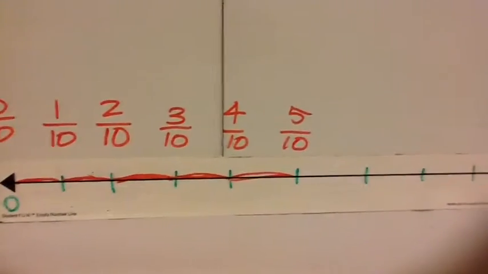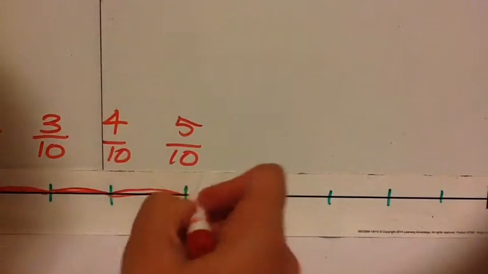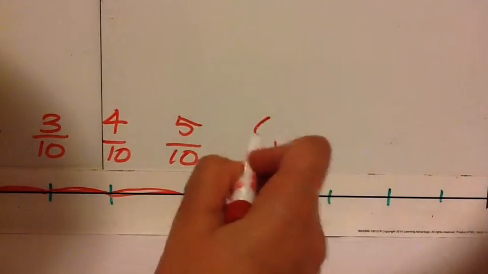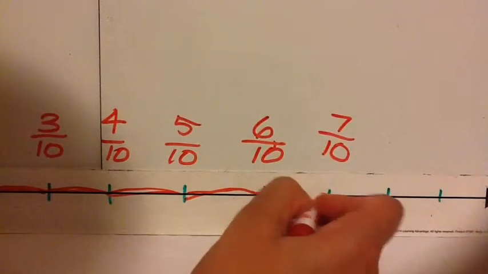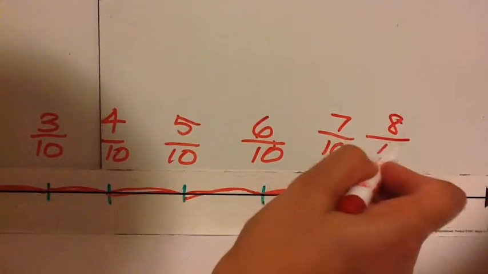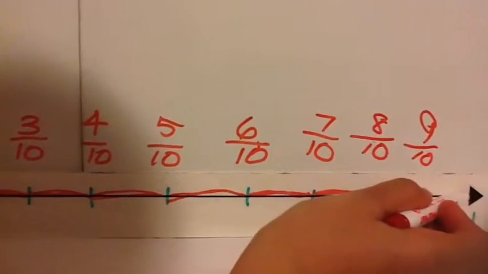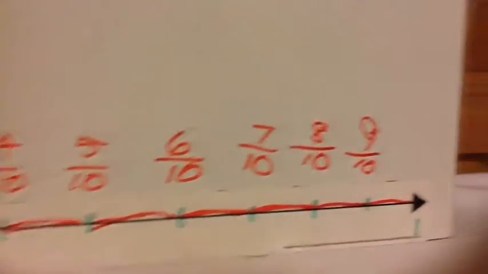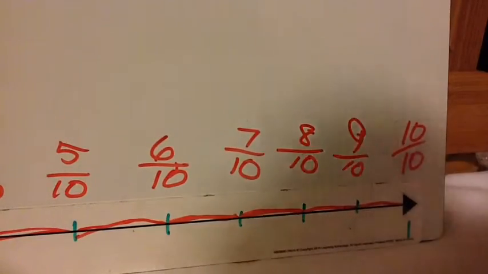Okay, I'm going to keep going. These 6 shaded in is 6 out of 10. 7 out of 10. 8 out of 10. 9 out of 10, and then when you get to 1 over 1, that's 10 out of 10.